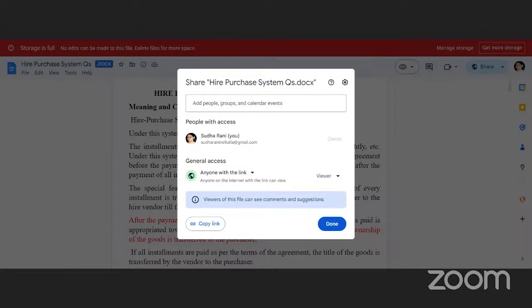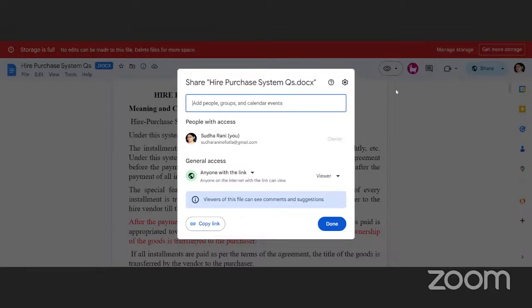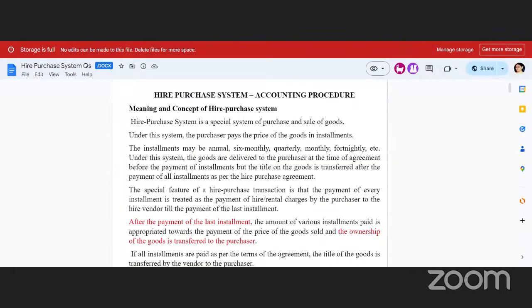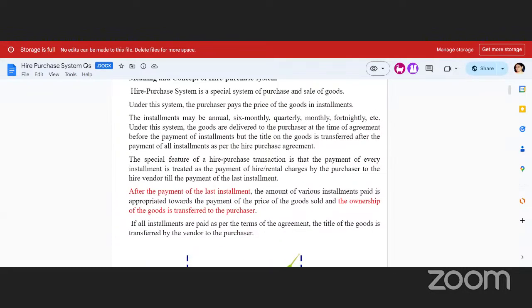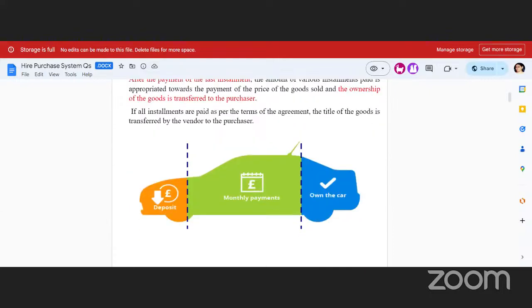I shared the document. Okay, hire purchase. Pay attention. Is the screen visible?